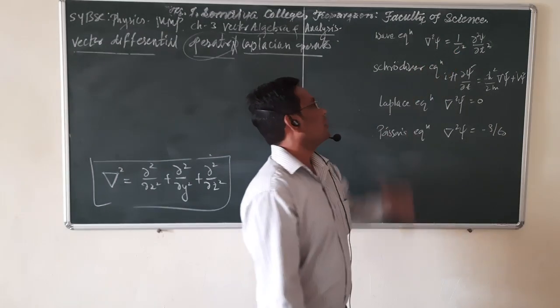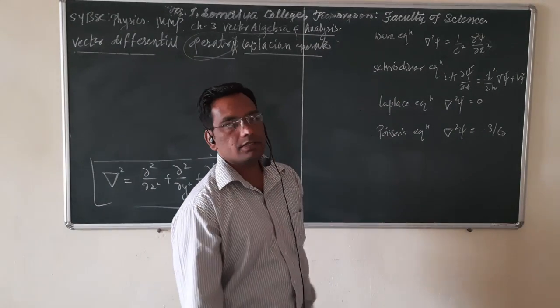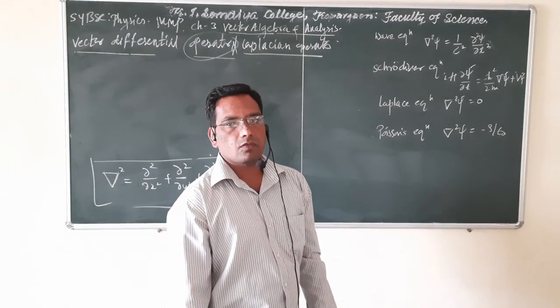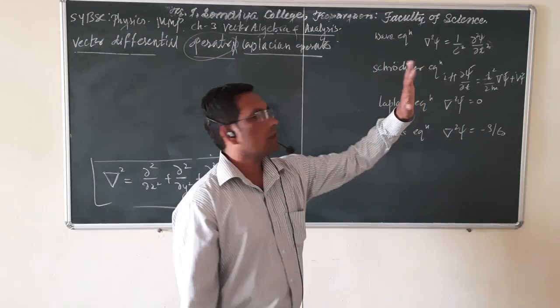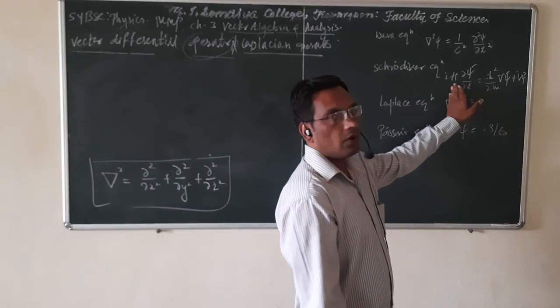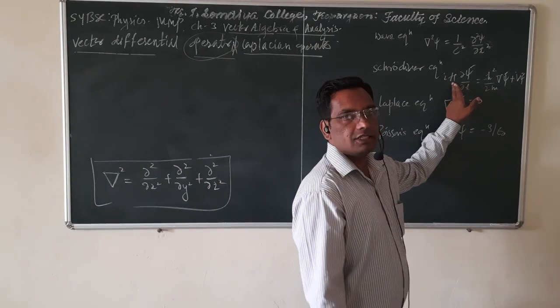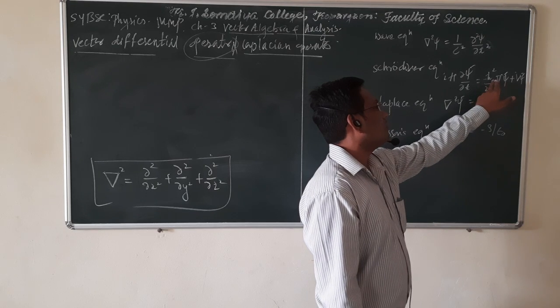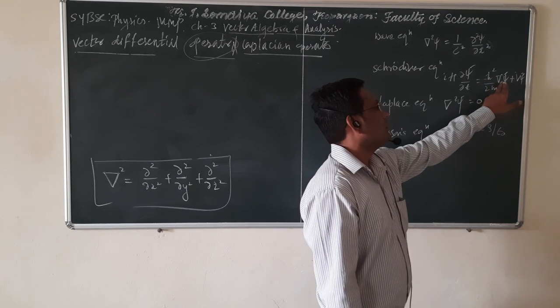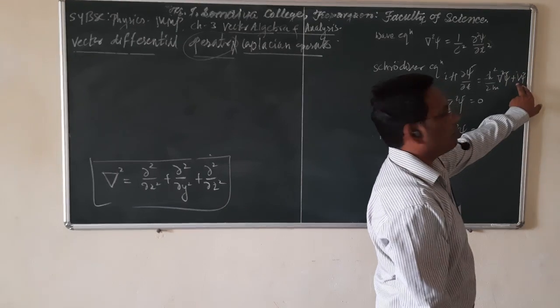Next is the Schrodinger equation, which appears in quantum mechanics. Again, the Schrodinger equation is a wave equation for the wave function of a particle: iħ ∂psi/∂t = H psi, where H is the Hamiltonian, which is −ħ²/2m del square psi + V psi.